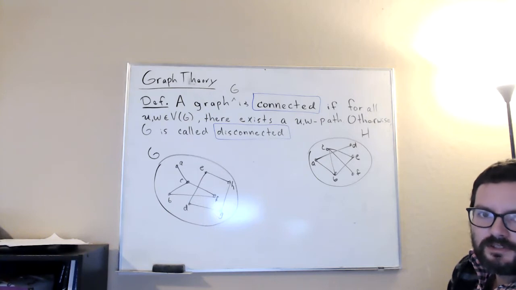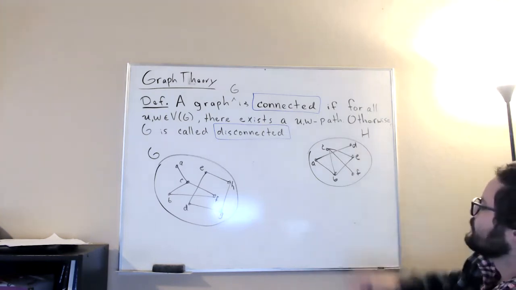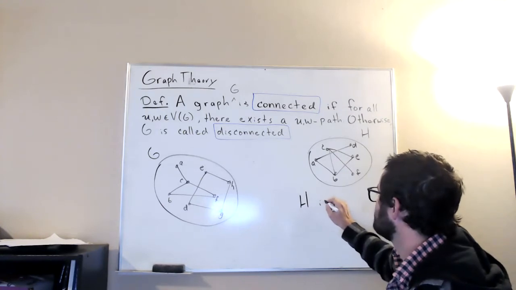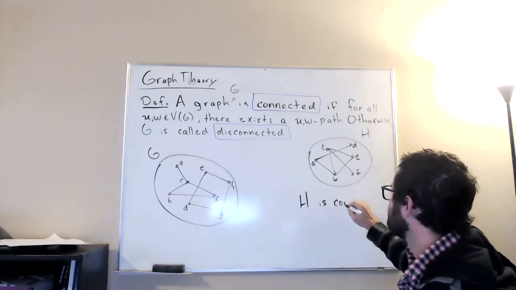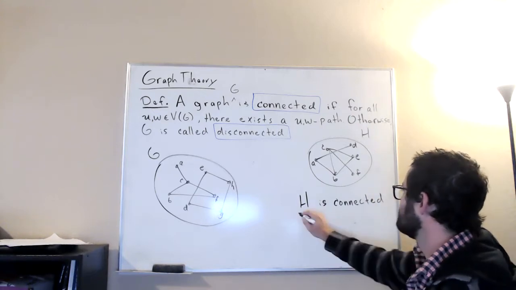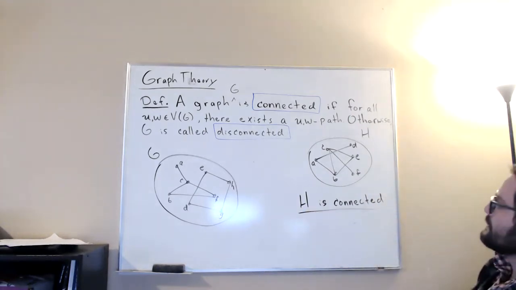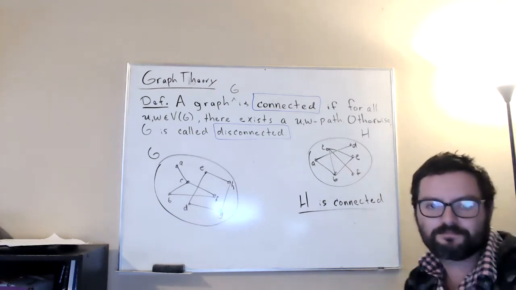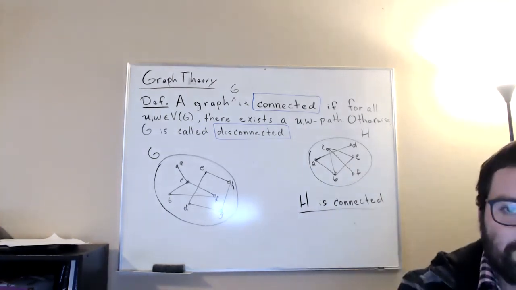Which of these graphs is connected? The one on the right? Graph H. Right, so H is connected. Because if you pick any two vertices in that graph, there's going to exist a path between them, right?